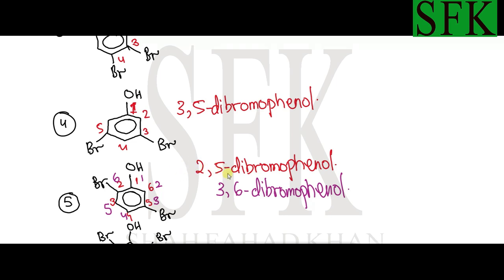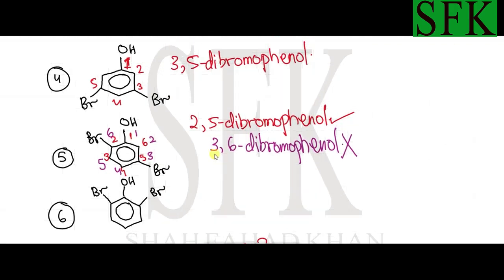Just don't add them up, but 2 is smaller than 3 and 5 is also smaller than 6. So the numbering in red is correct, and this is our compound 2,5-dibromophenol, and 3,6-dibromophenol is not the proper name of the compound because numbering has to be as small as possible.